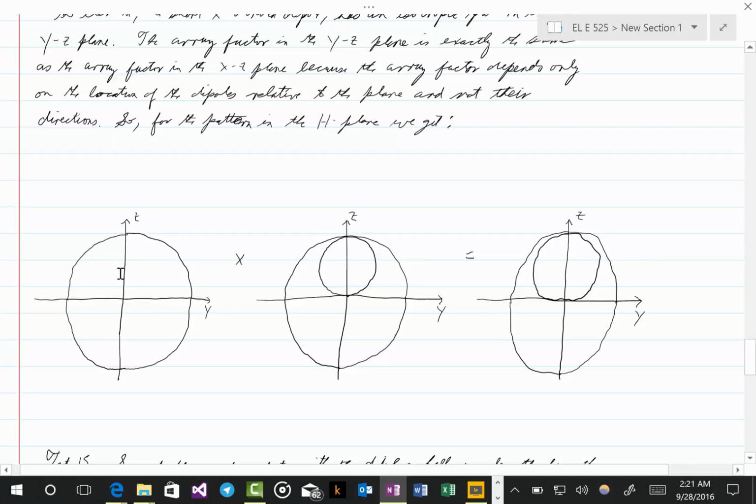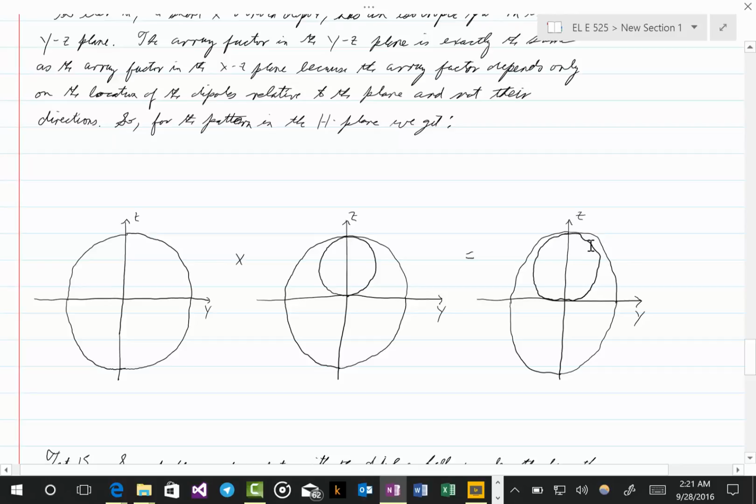And so finally, to wrap this up, when we multiply this isotropic pattern times this, of course, since this is equal to 1 everywhere, we'll just get back the same pattern here. This is exactly the same as the array factor. And so this would be the complete pattern for the horizontal dipole. This is the complete pattern in the H-plane.